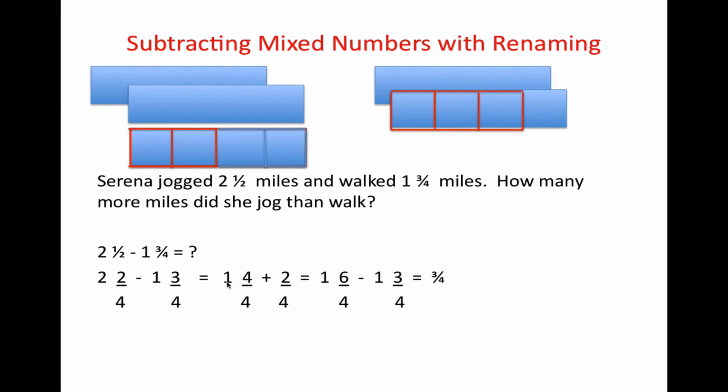That's going to become a 1, and we're going to make it 1 4/4. And remember, 1 4/4 is just like 2 because 4/4 is 1, and we already have 1 there. So it's still the same number. It's still 2. But we'll add the 4 and the 2 that we already had, that's 6/4. And then we can subtract 1 and 3/4 from 1 and 6/4, and our answer is 3/4.